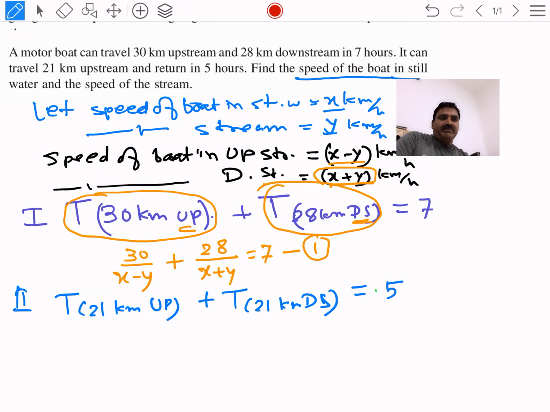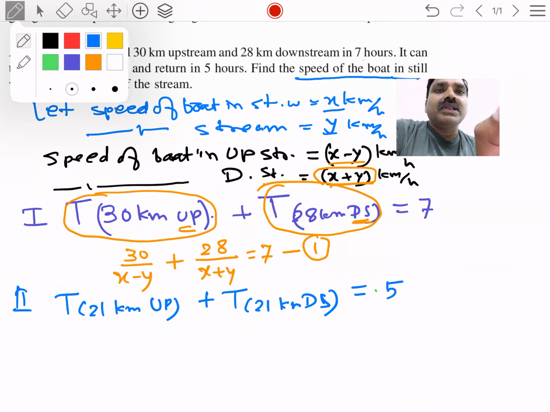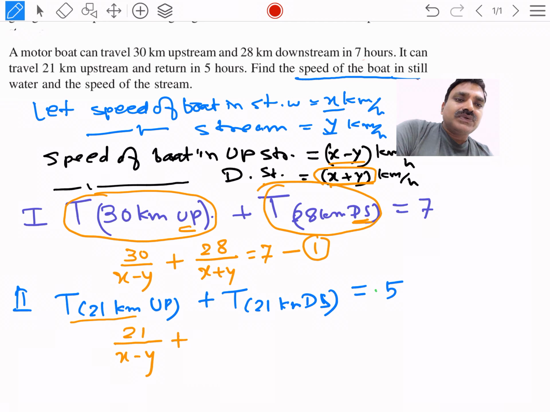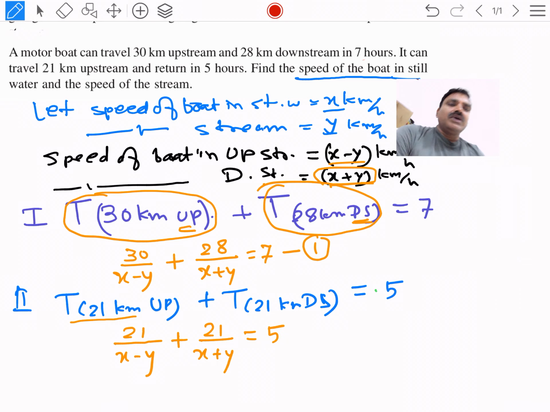Again we will use the relation between time, speed and distance. So time is equal to distance, 21 divided by x minus y, plus 21 divided by x plus y is equal to 5. So these are the two relations.